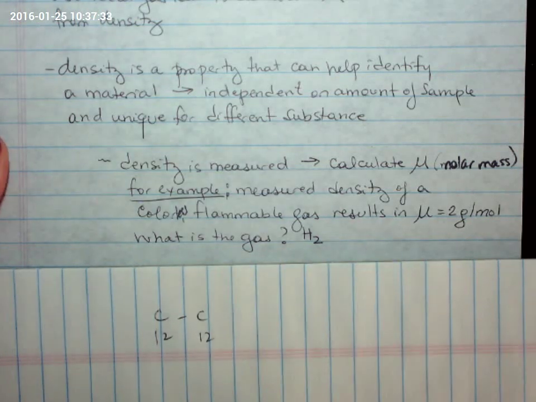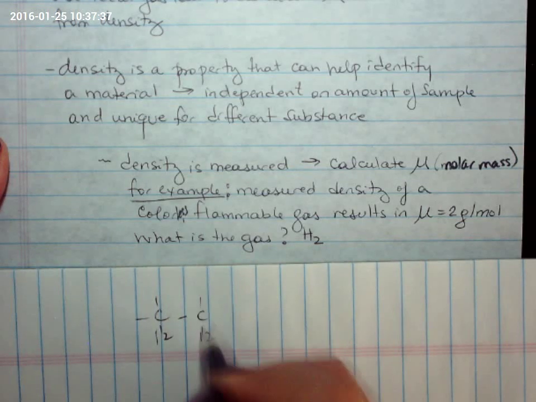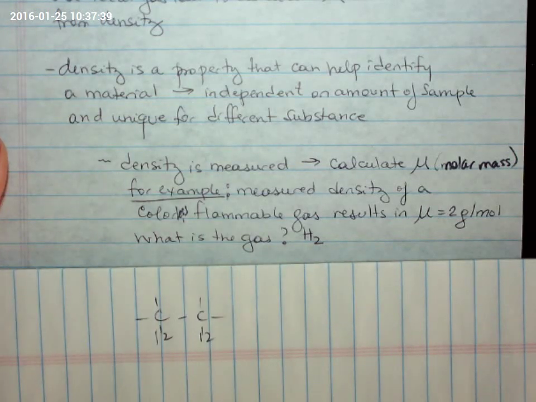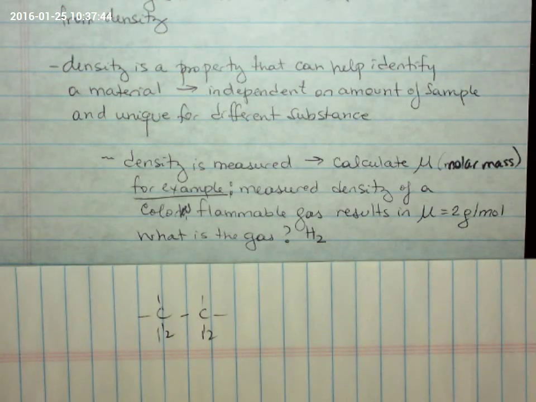So that's 24, 25, 26, 27, 28, 29, 30. Could it be ethane? Maybe. 2 grams, you could account for percent error. It could be ethane.